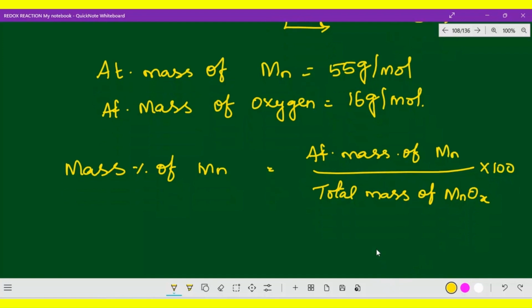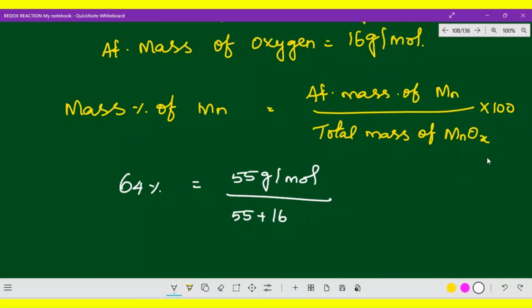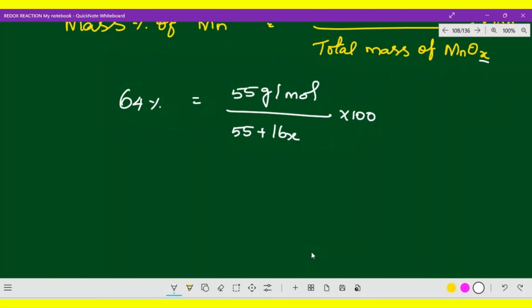So we can use this formula. Let us apply the values here. The mass percentage of manganese is 64, which equals 55 gram per mole divided by the total mass, which is 55 plus 16X, where 16 is the atomic mass of oxygen and X is that value, into 100. Now, can we rearrange this?